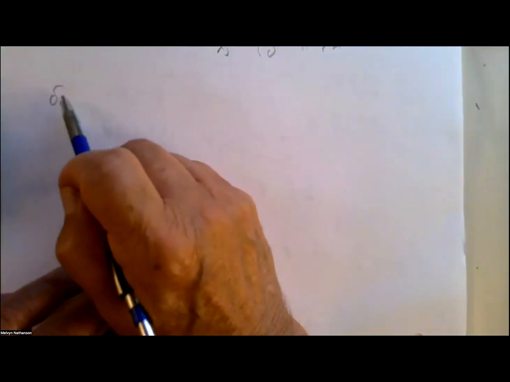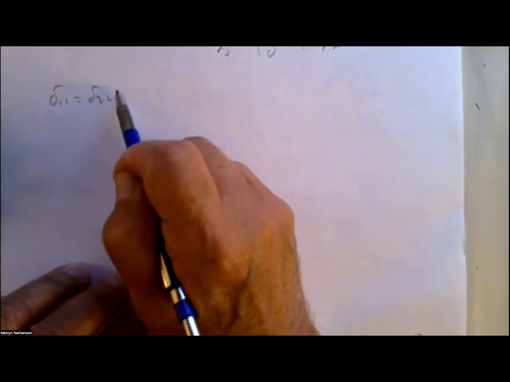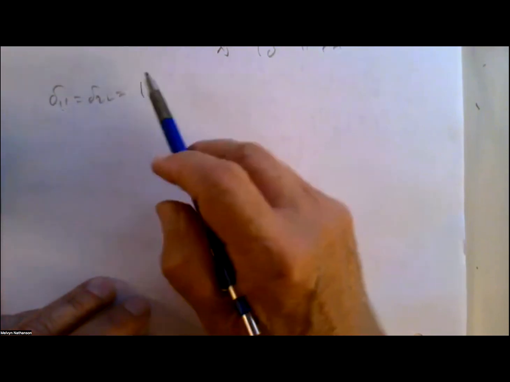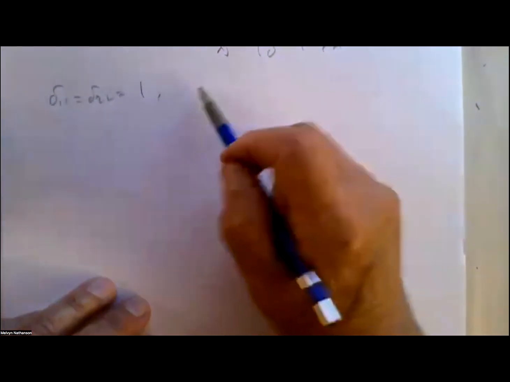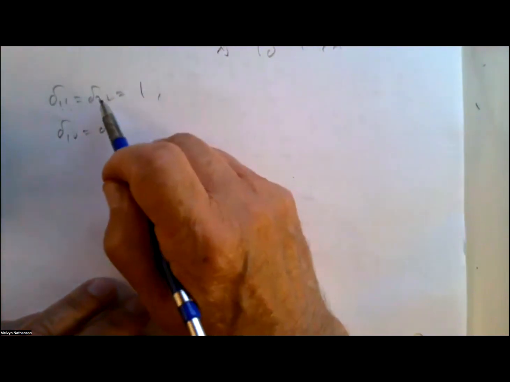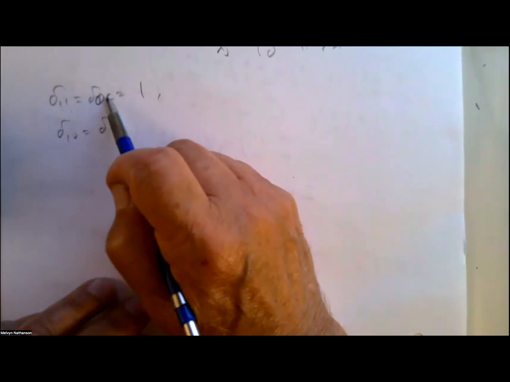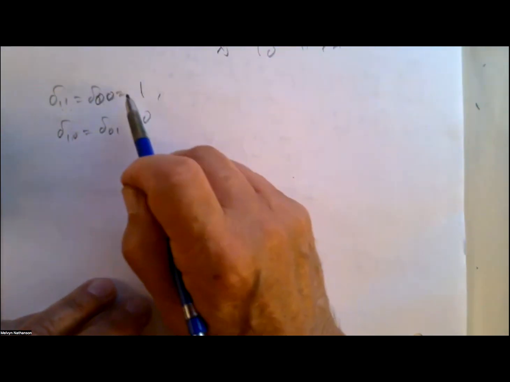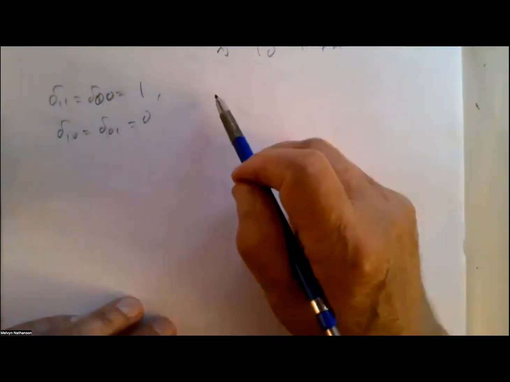So for example, delta 1,1 and delta 2,2 are both equal to 1, because 1 is 1 and 2 is 2. And delta 1,0 and delta 0,1 are both 0, because these subscripts are different.